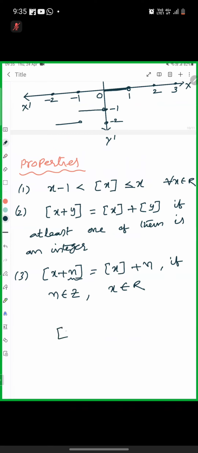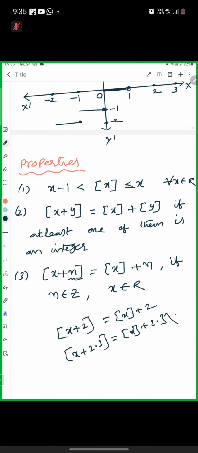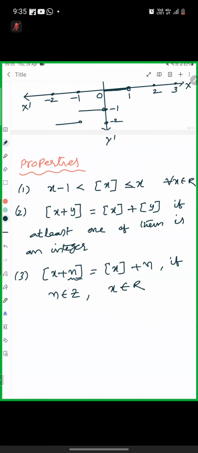So you can write the integral part of x plus 2 as the integral part of x plus 2. But don't write the integral part of x plus 2.3 as the integral part of x plus 2. This is wrong. If this is an integer, you can write it separately, whatever x is. x is any real number, but n must be an integer.